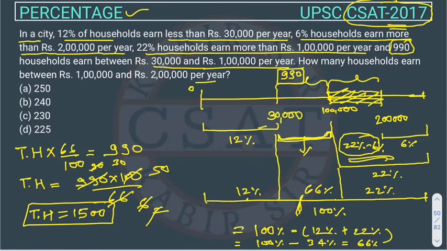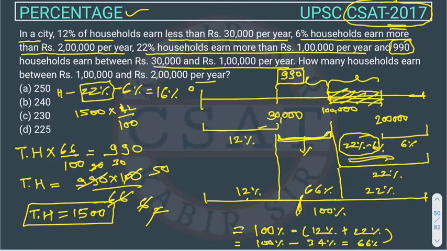So in percentage terms, the households between 1 lakh and 2 lakhs will be 22%. So we have to just calculate that percentage of total households. That will be our answer. So total household is 1500, and what will be the 22% of that? Oh, not 22. Sorry, it will be 22 minus 6. 22 minus 6% is equal to 16%.